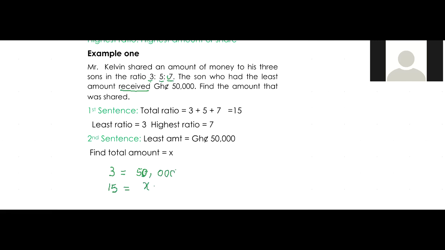So this is 3 multiplied by X, which will give us 3X, which is the same as this multiplied by this. So that will give us 15 multiplied by 50,000.